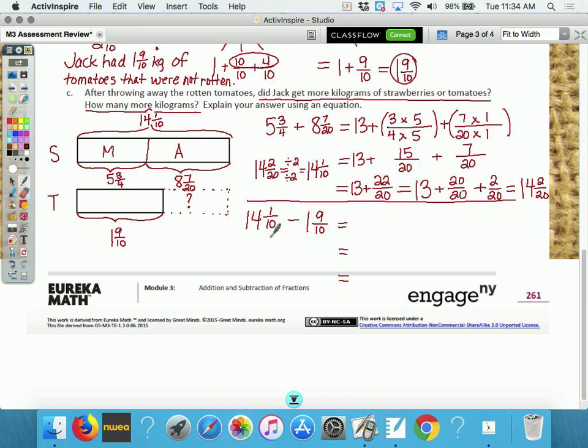It's smaller. So I have to decompose. So I'm going to rewrite this as 13 and 1/10 minus 9/10. And we'll fix that first fraction, won't we? Then I want you to go ahead and write 13 and 1/10. Decompose it into 3 parts.